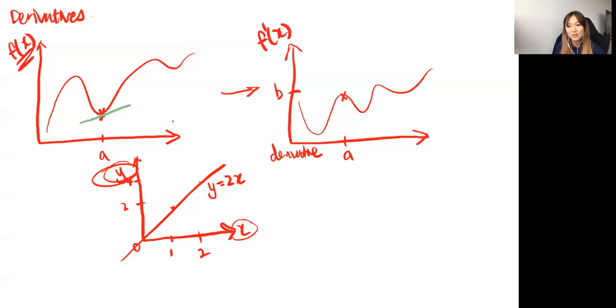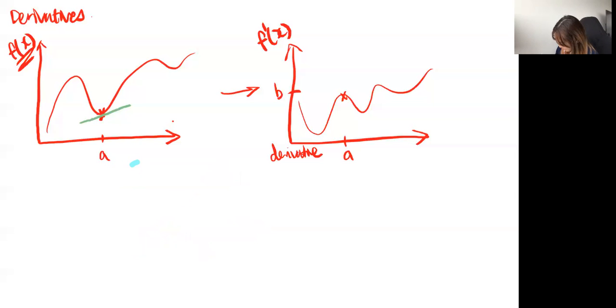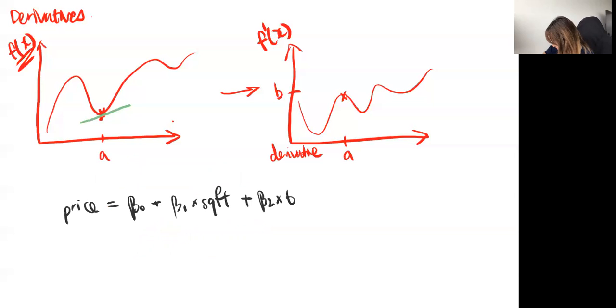If you had your linear regression function, like y'all were doing house prices before, you end up with some equation that looks like price equals some constant plus some beta 1 times, for example, square foot, plus some beta 2 times, for example, bathrooms, etc., right?